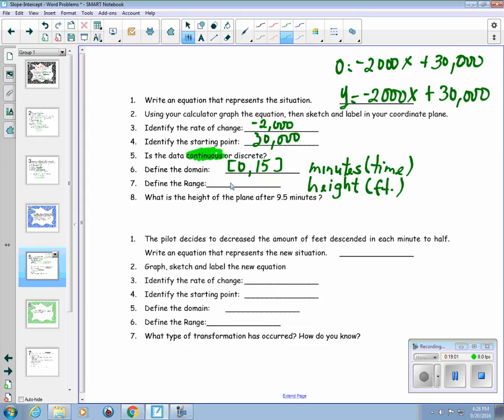Why doesn't it include 0? Does it include 0? You tell me, does it include 0?